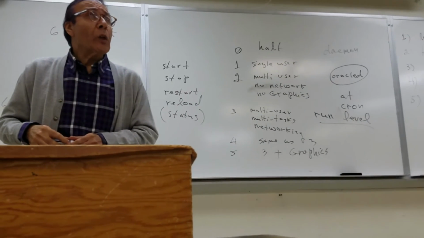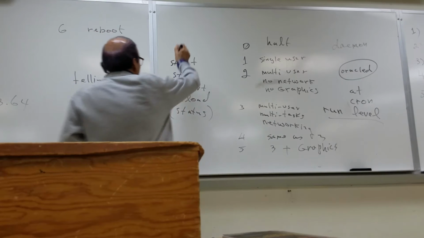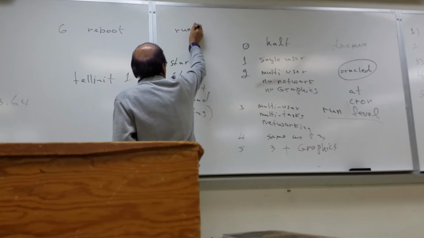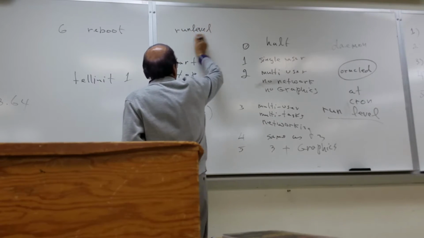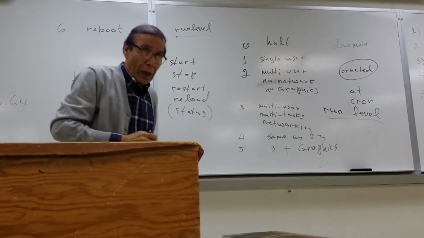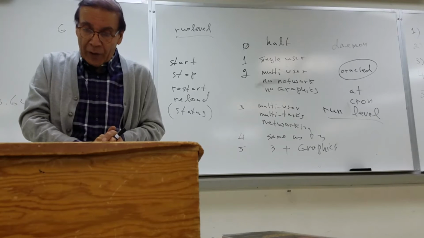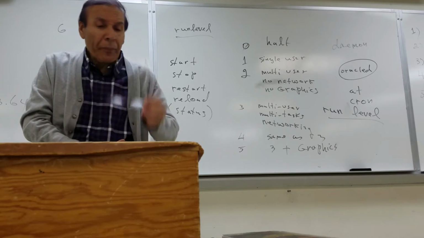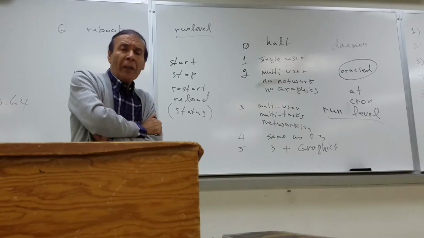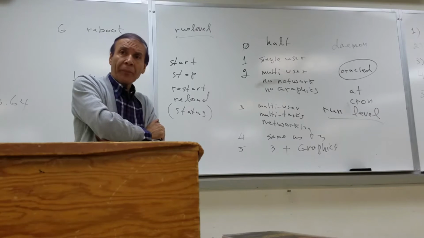How do you know in what run level you are? Simply type runlevel. The runlevel command as one word will tell you in what run level you currently are. Okay? Now, does anybody have any comment or question?